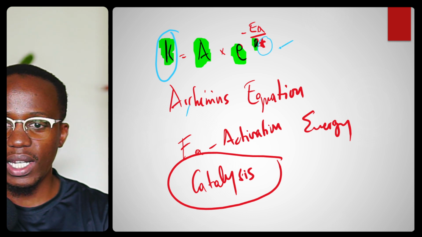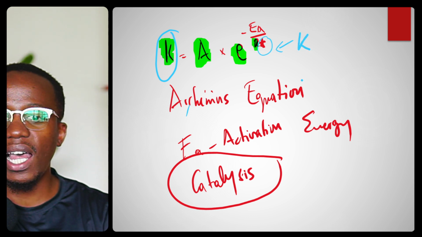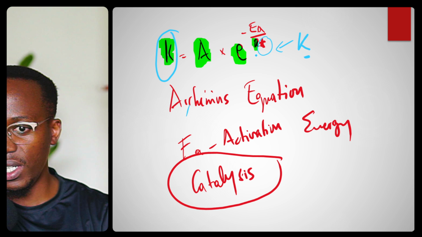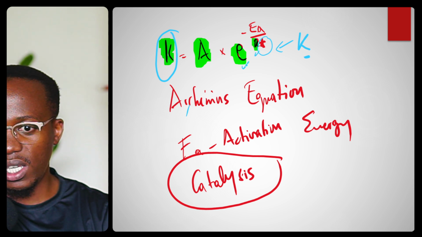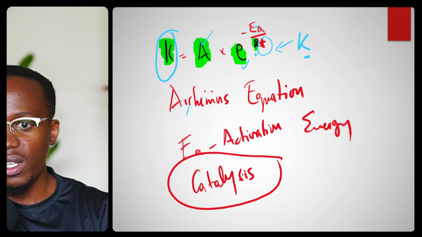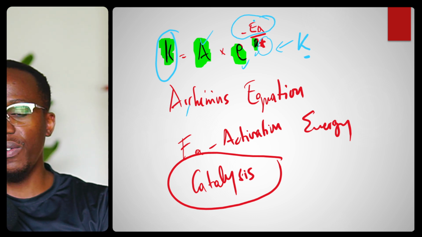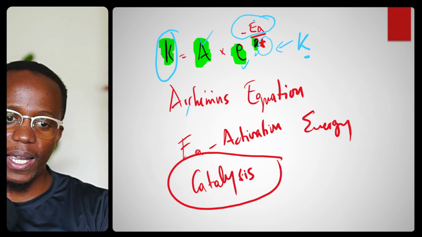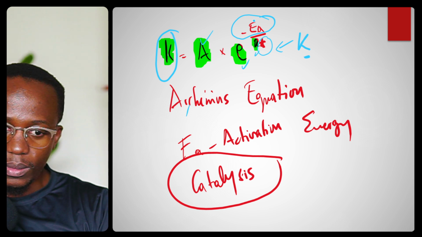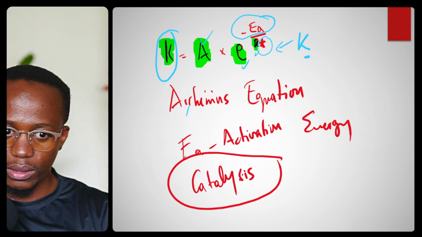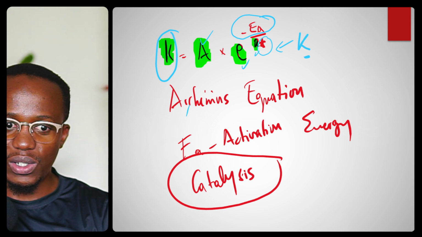Just remember that the temperature is in Kelvin. R you'll be given, e you're given, A you're given. So you can find Ea by this. Does that make sense?